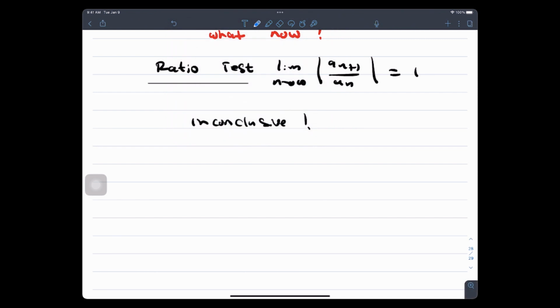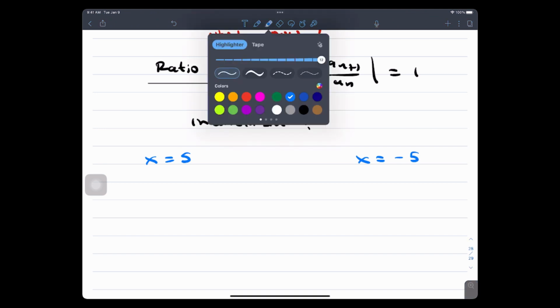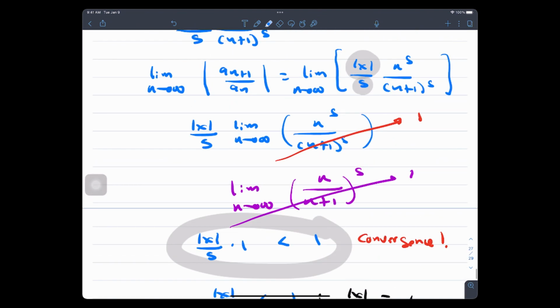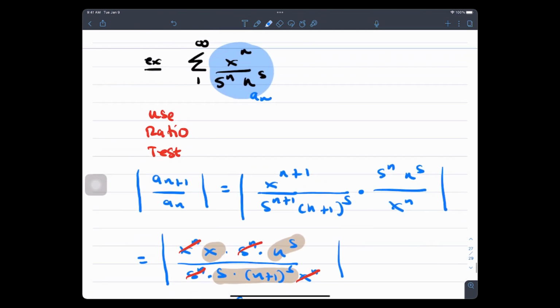I check when x is 5. I also check when x is -5. So you say, what do I mean? What do I check? You got to go back to the original series.